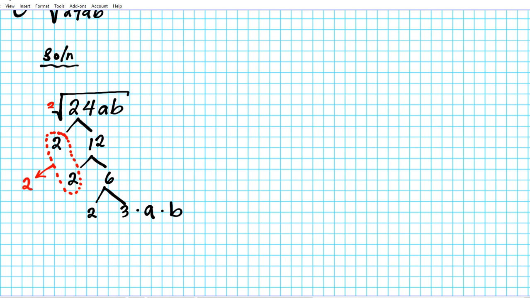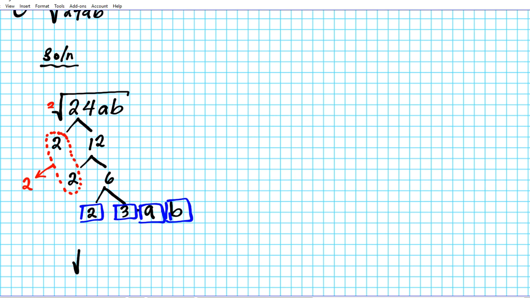Now let's look at the other factors. 2 is by itself, so it can't come out of the radical. It remains in the radicand. Same applies to 3, same applies to A, and same applies to B. So these 2's, since they repeat, you can take the square root of that, which gives you 2. Everything else doesn't repeat, so it stays as it is in the radicand.